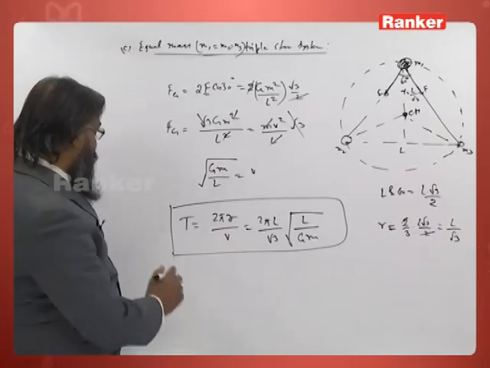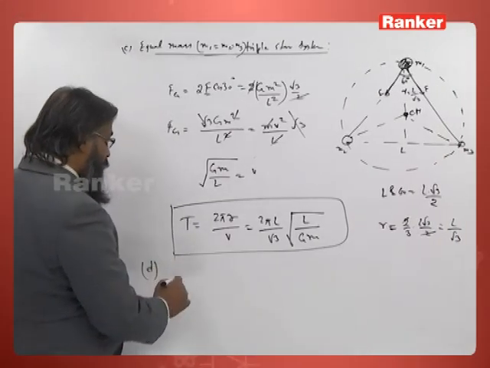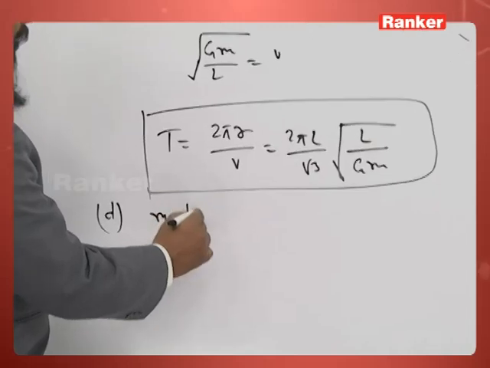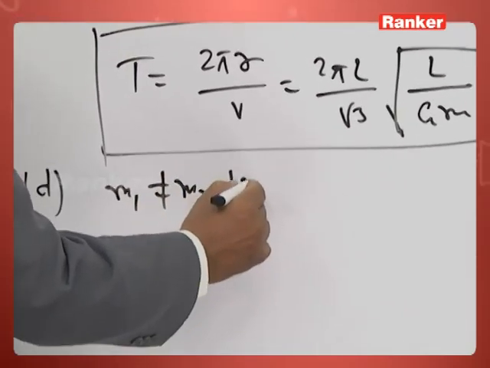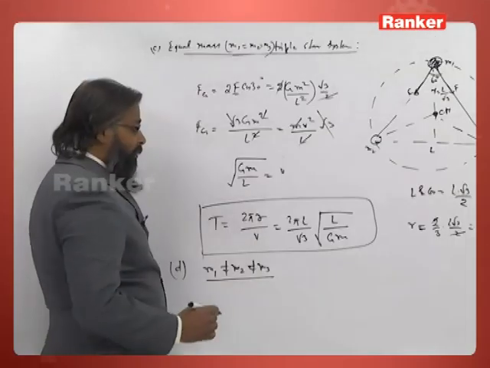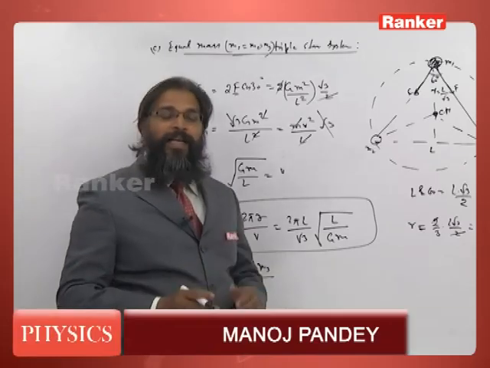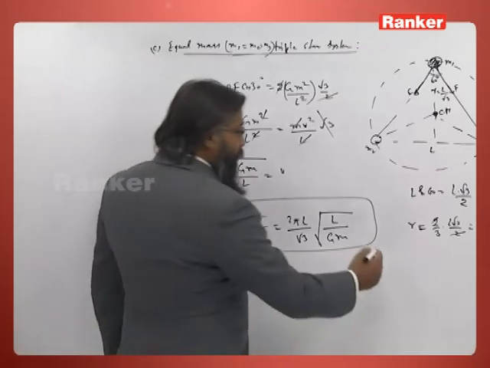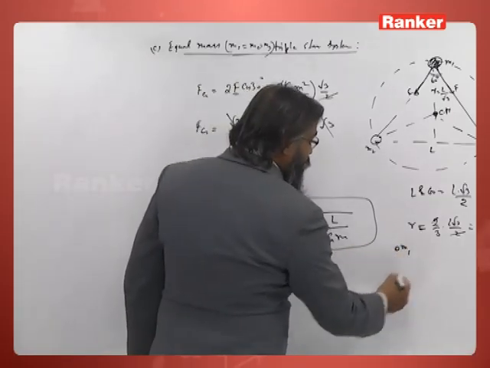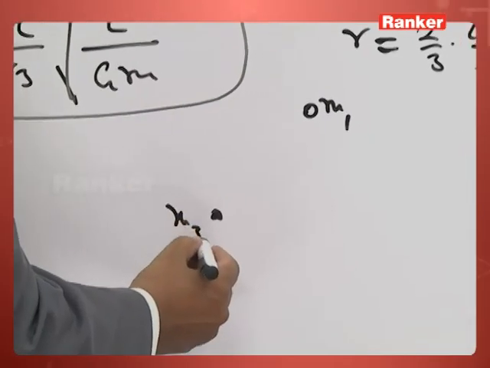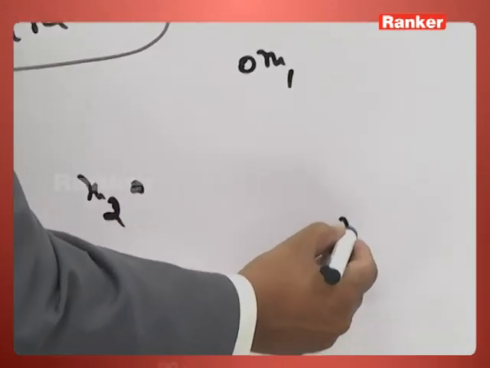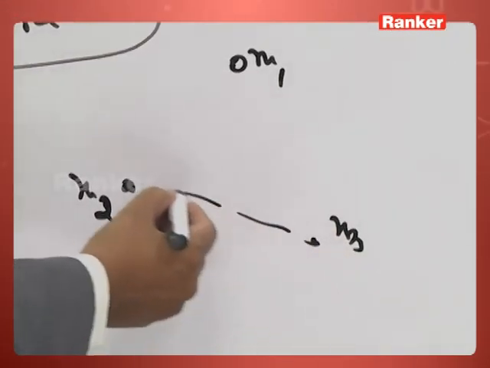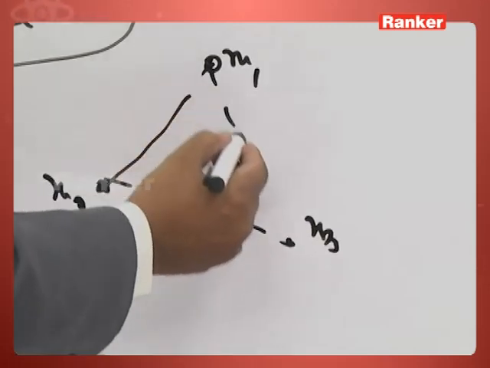Now, the fourth one, when m1 is not equal to m2 is not equal to m3, this case is left for you as an exercise. So, here what we have is this m1 mass, this m2 mass and suppose this is m3 mass. They form an equilateral triangle.